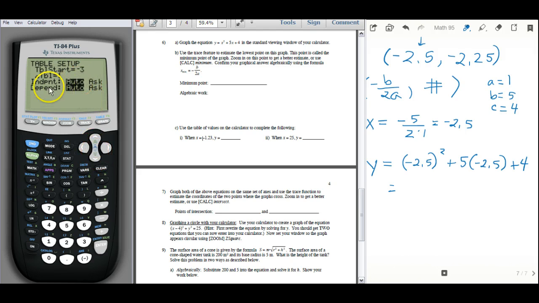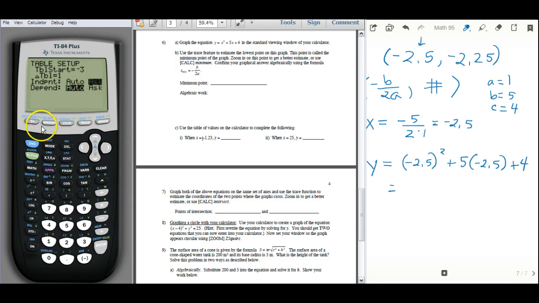There's a couple options here. Independent and dependent mean x variable and y variable, right? And we'll talk about that with functions more in chapter 2. But the best thing to do when you want to figure out what the y value is for a very specific x is to change the independent variable from auto to ask. Okay, so highlight it and hit enter.